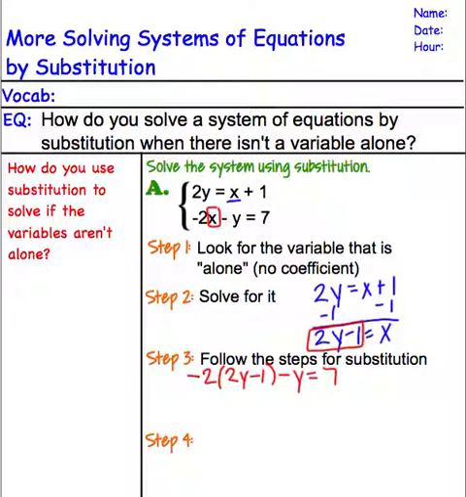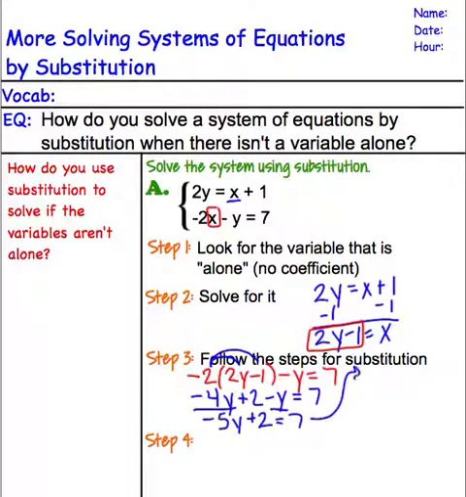Then I can go ahead and solve this problem. I started off by distributing that negative 2, which gives me negative 4y plus 2 minus y equal to 7. And then I have negative 4y minus y, which is negative 5y plus 2 equal to 7.